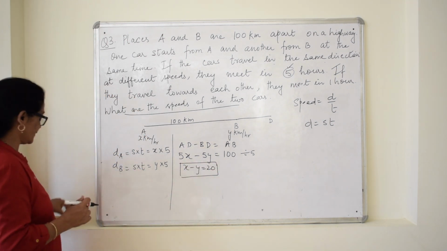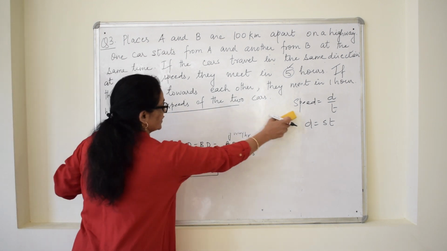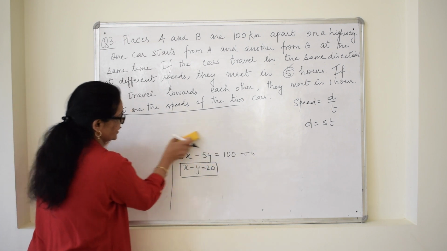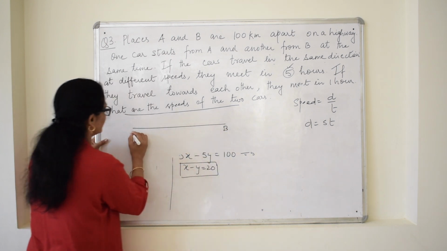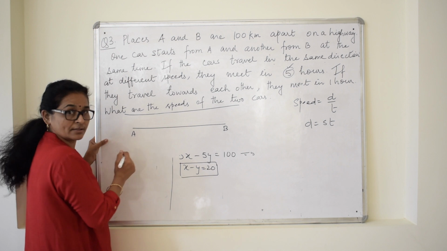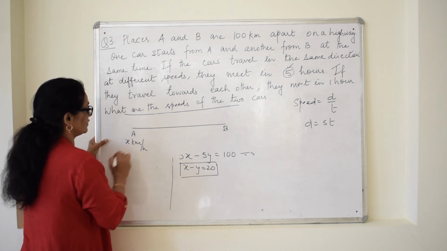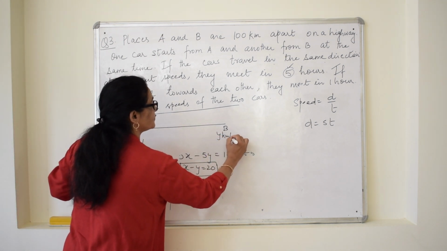The second case, cars are moving towards each other. In that case, we will see the relation. Distance is 100. Car A is going towards right, B is coming towards left. Speed is same, assumption x kilometers per hour and this is y kilometers per hour.